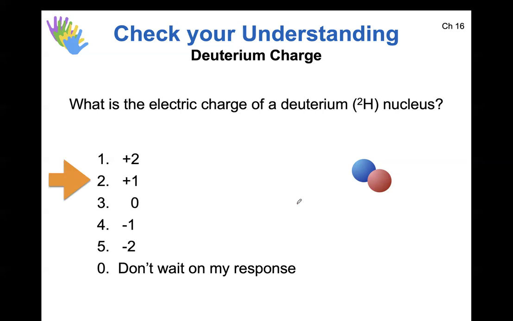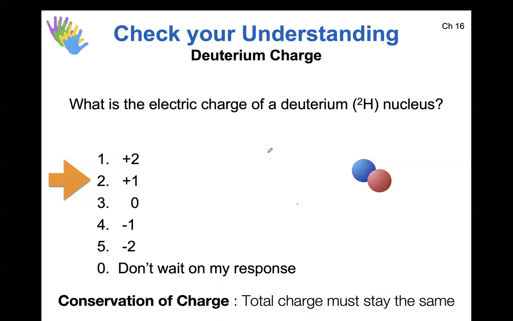Want to move along? So you are right. Absolutely. It's just +1 because that neutron doesn't contribute. So that means that we have an imbalance, right? If the deuterium is only +1, but we had 2 protons coming in the first place, then now we see why we have to have the positron.